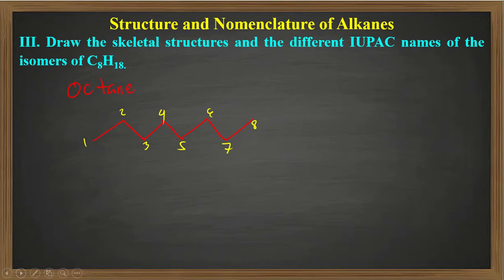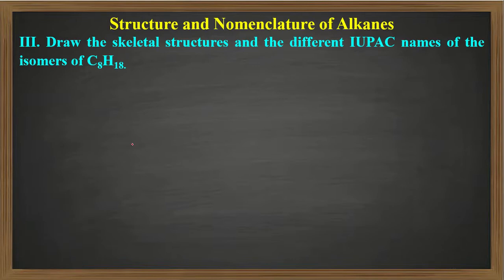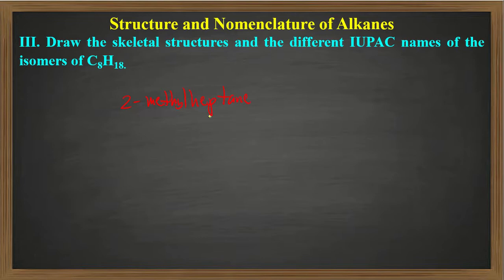Another isomer for C8H18 is 2-methyl heptane. So for the structure, let's first have the parent name, heptane. So, 1, 2, 3, 4, 5, 6, 7.